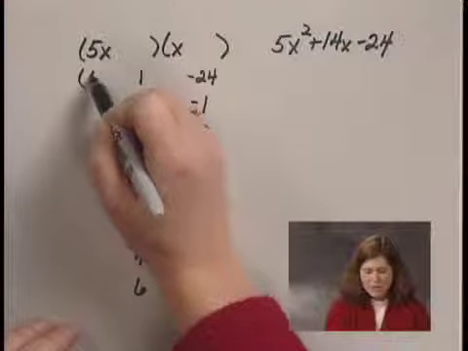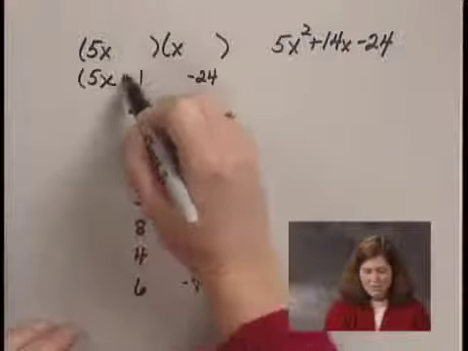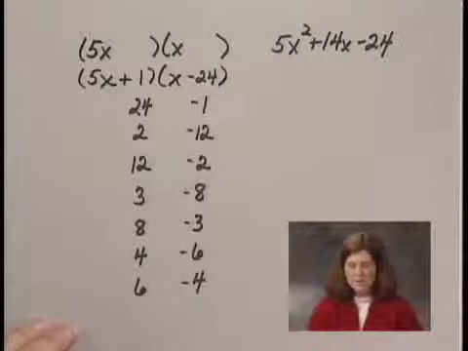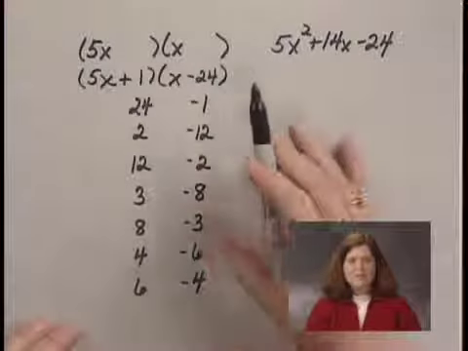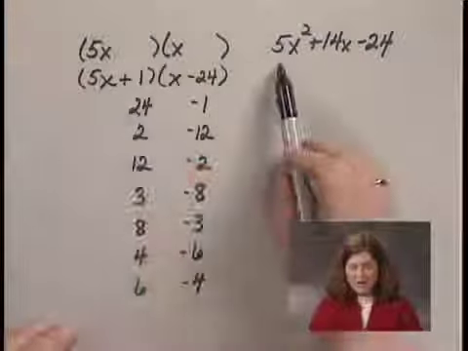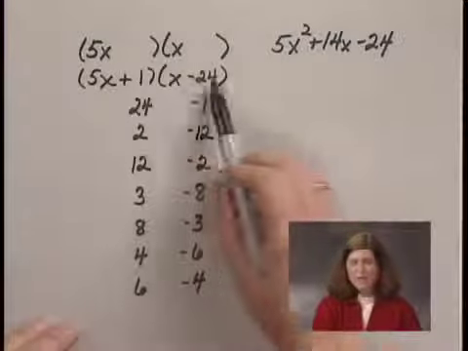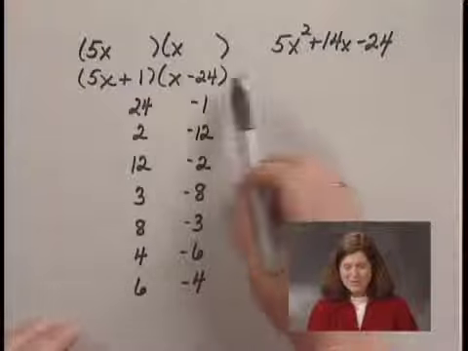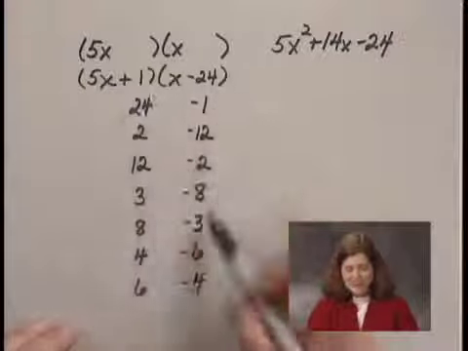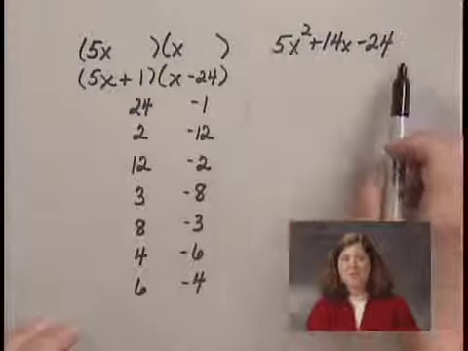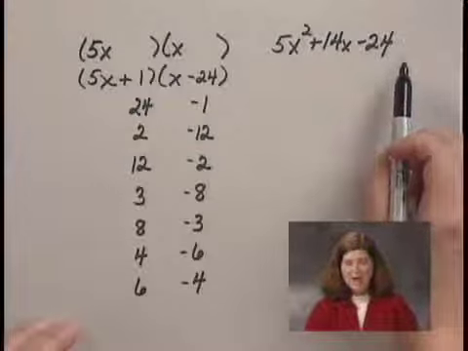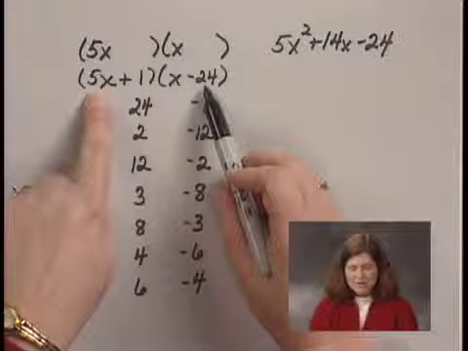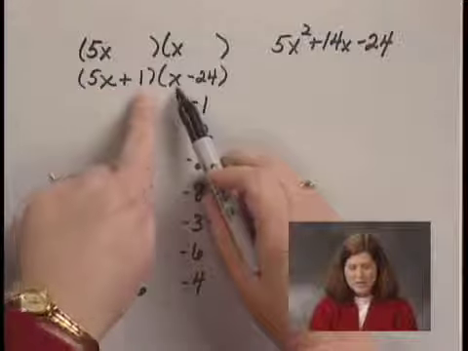So I am going to try 5x plus 1, x minus 24. Now, to shorten things up, I'm not going to write the 5x squared and the negative 24 in each of these products. I'm not going to write an equal sign either because they're not equal, because I've designed this so that this first term and this last term will always be accurate. My middle term is negative 24 times 5 plus 1.